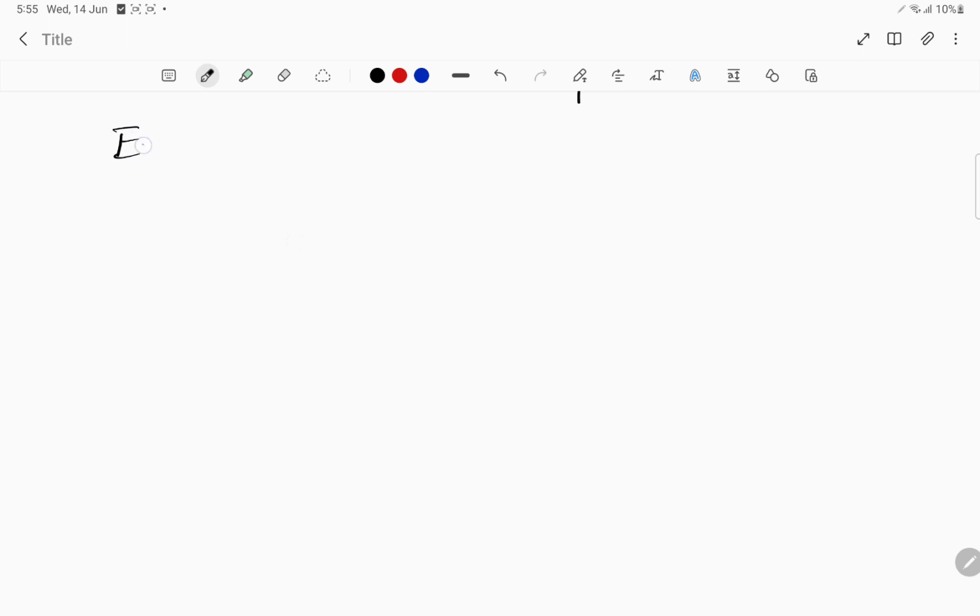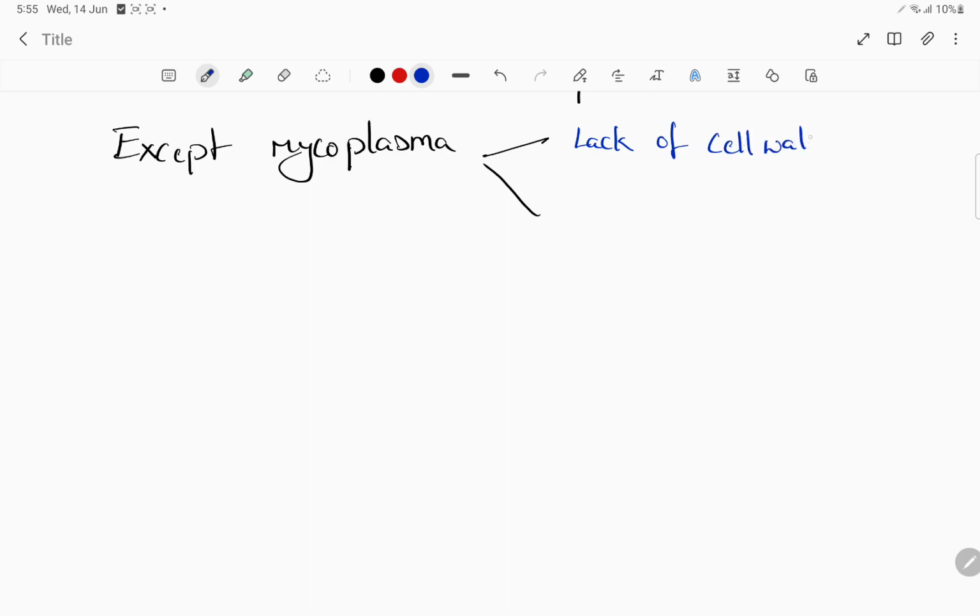And coming to mycoplasma, two things we have to remember. One is it lacks a cell wall. Other thing is it is anaerobic.